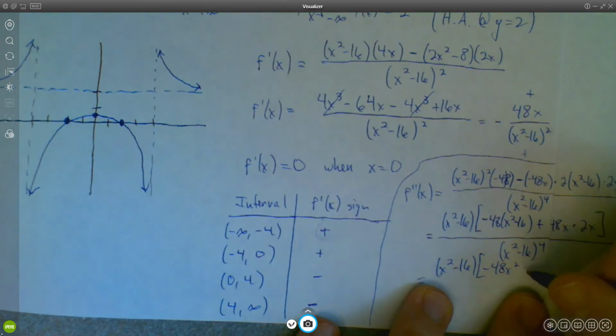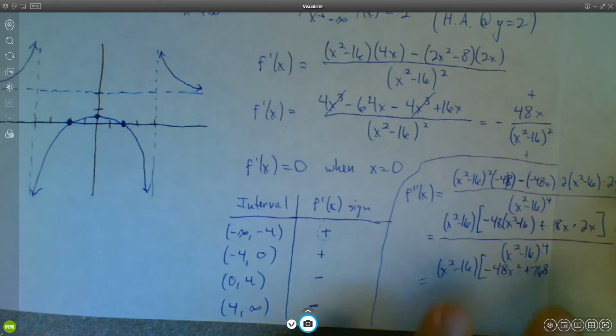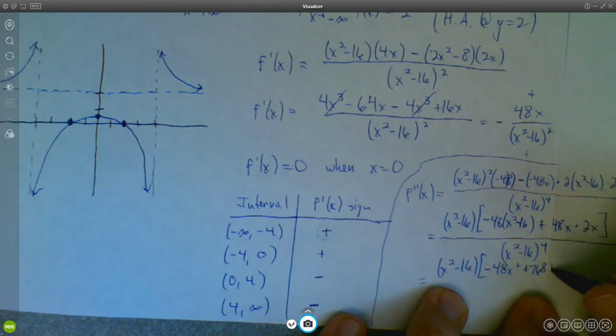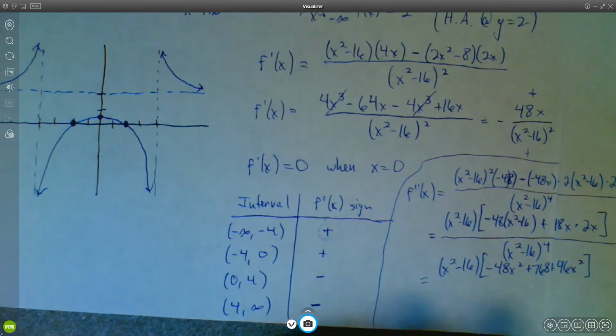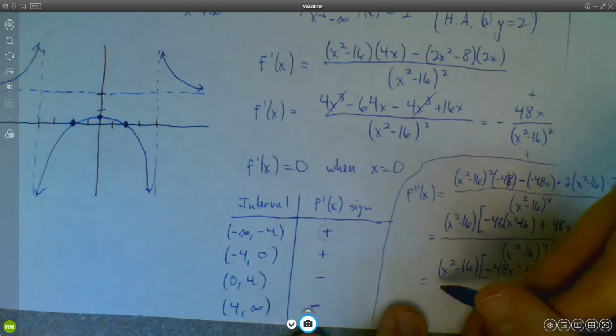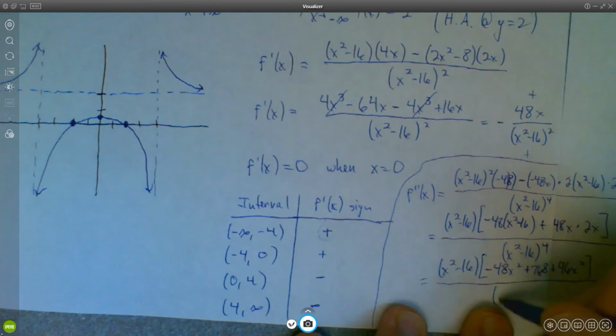So plus 768, and then 48 times 2 I think is 96, so we say plus 96x squared. Oh, that cleans up pretty nice, I think.